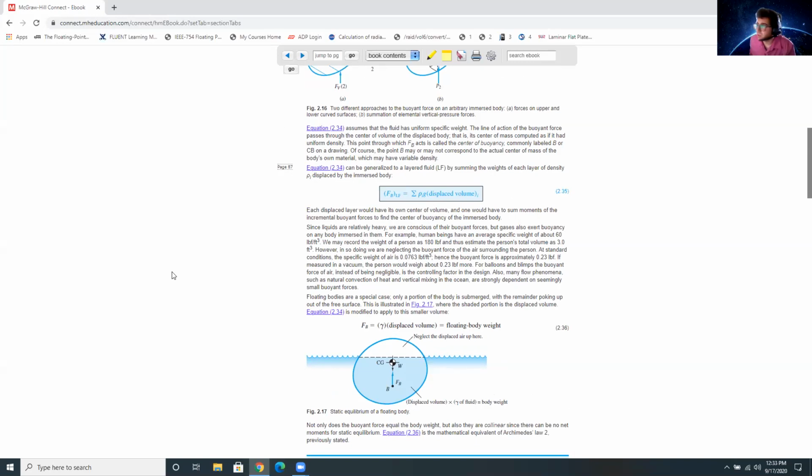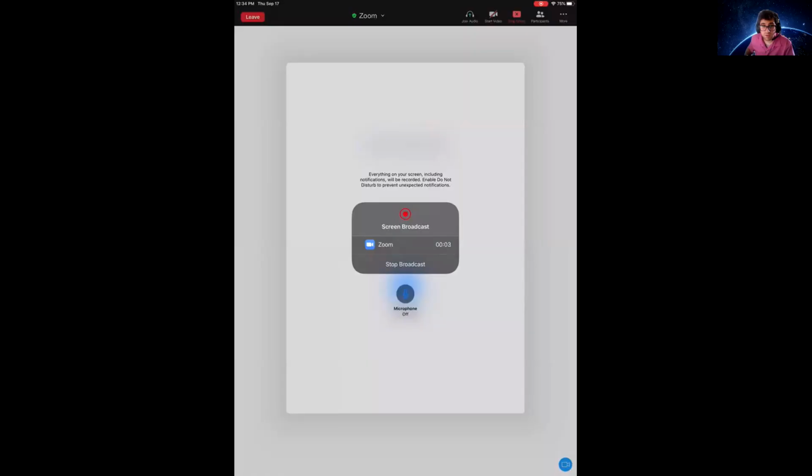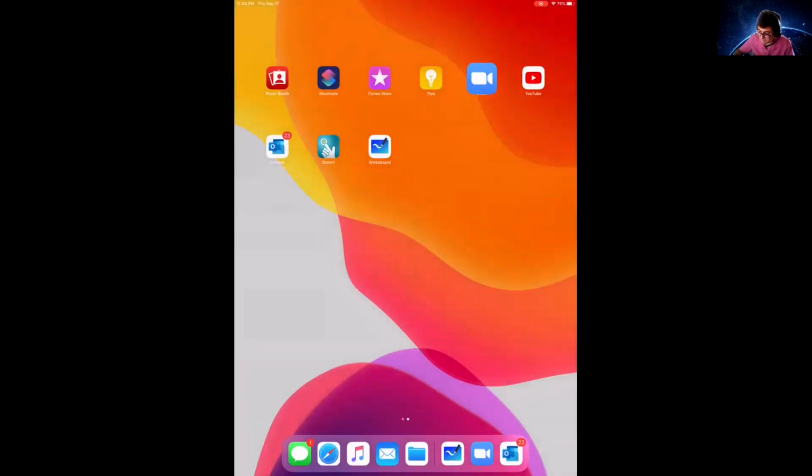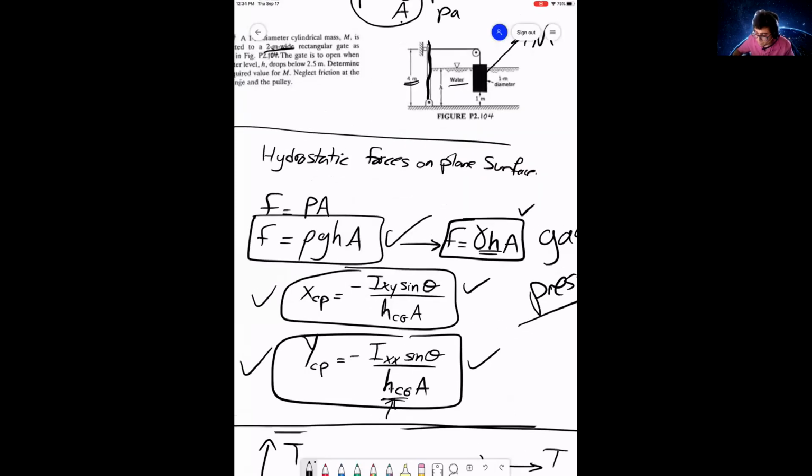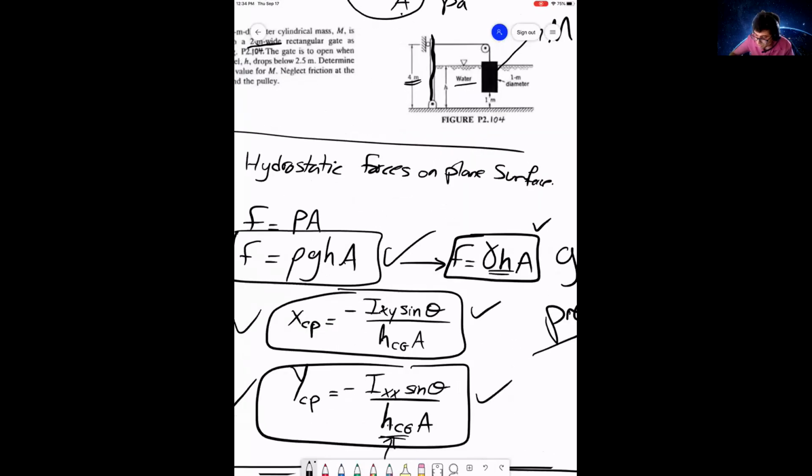Displaced, if we go back to the problem, let me zoom in. It would be h minus 1, right?